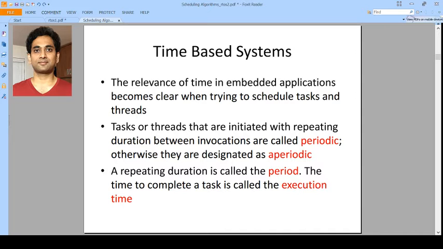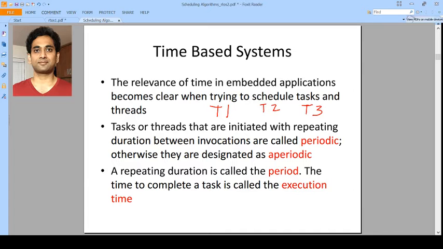So time is a very important quantity, an important factor in embedded systems, more importantly in real-time embedded systems. The relevance of time in embedded systems becomes clear when we are trying to schedule tasks and threads. For example, there is a task T1, task T2, and task T3.